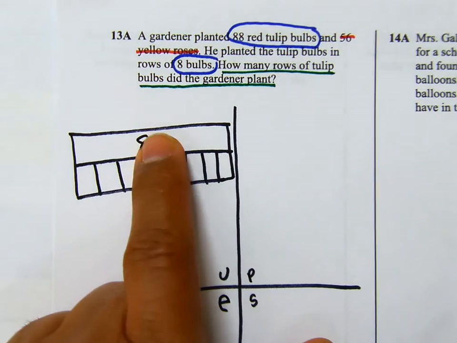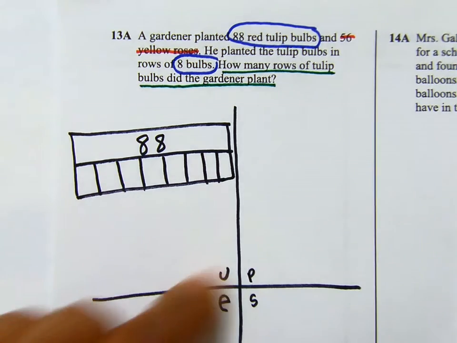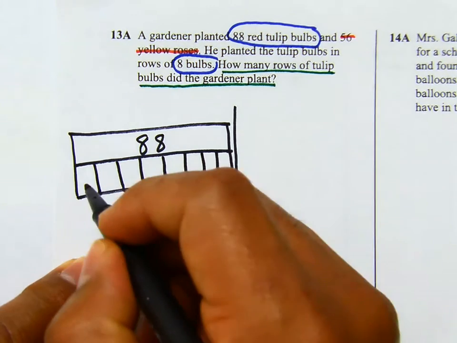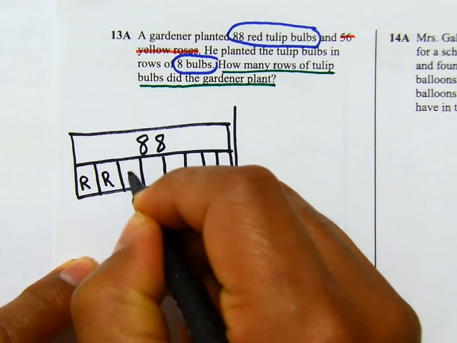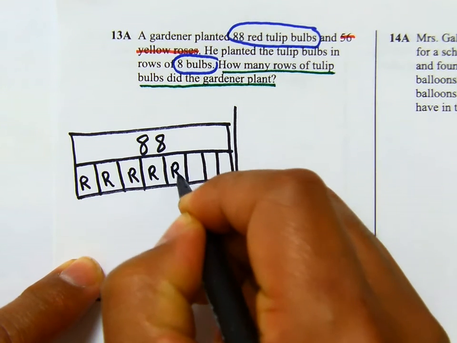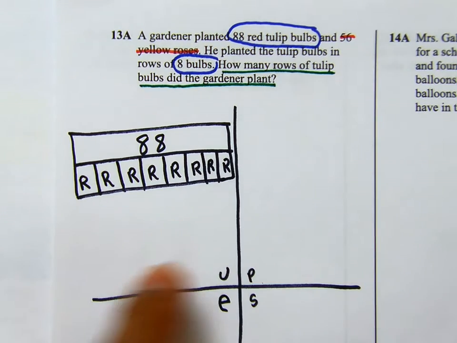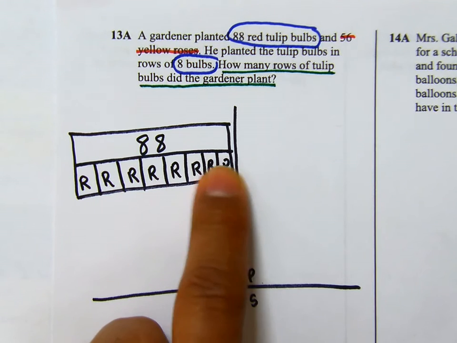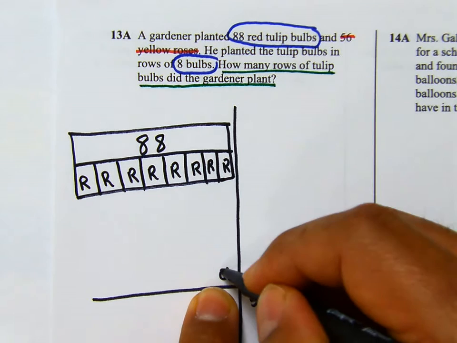Now I have 88 broken up into 8 equal groups, and that should give me how many rows of tulip bulbs there are. Here I'm going to put my variable, an R, which stands for rows. If I break 88 up into equal groups of 8, that should give me how many rows were planted. So that is the understand part.